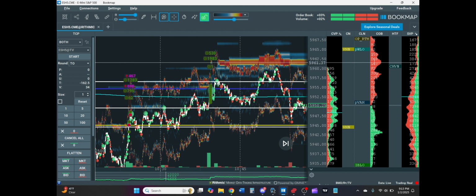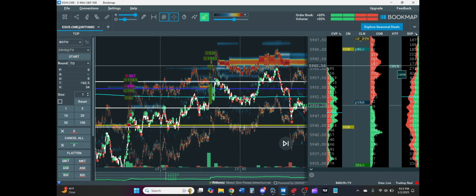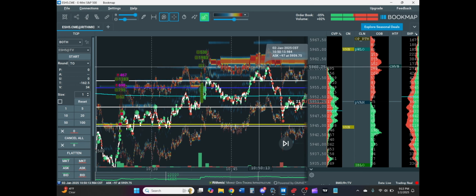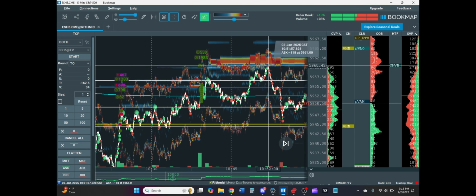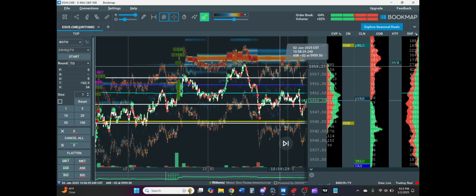Now this is a composite volume high volume node. This is from a micro composite that we traded into already, so then it turns into a composite high volume node. Oh yeah, and 60, that was an important area last week, Tuesday.